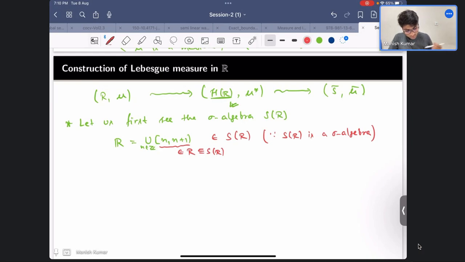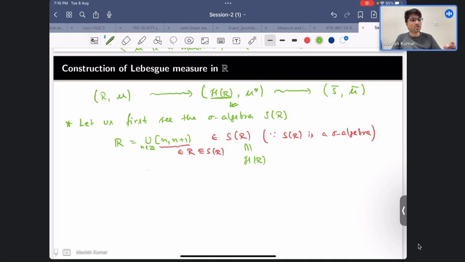Okay, so we can say that the whole set R is in the sigma algebra. If I go one step further, this would say that it is in H(R) as well, because H(R) is a sigma algebra and it contains more sets.